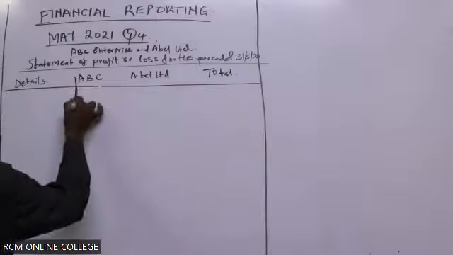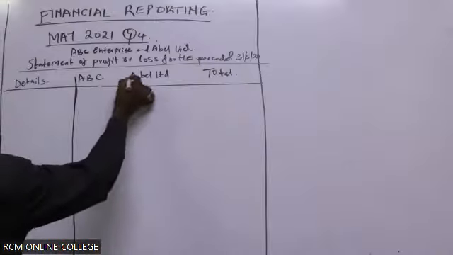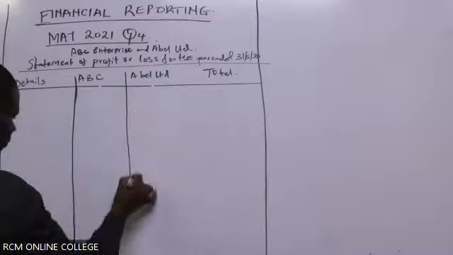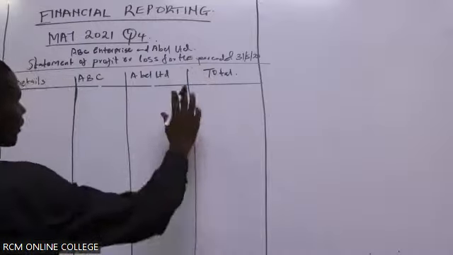So we shall be having our details there: ABC Enterprise, and then ABEL Limited, and then total.